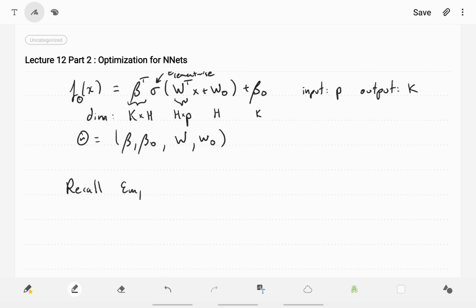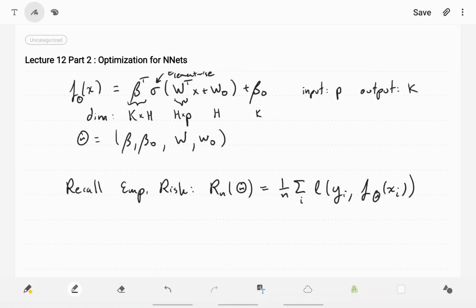So the empirical risk looks like R sub n of our set of parameters theta, which is equal to 1 over n sum over i of L of yi, f sub theta of xi. Right? So this is on our training set. This is our empirical risk.